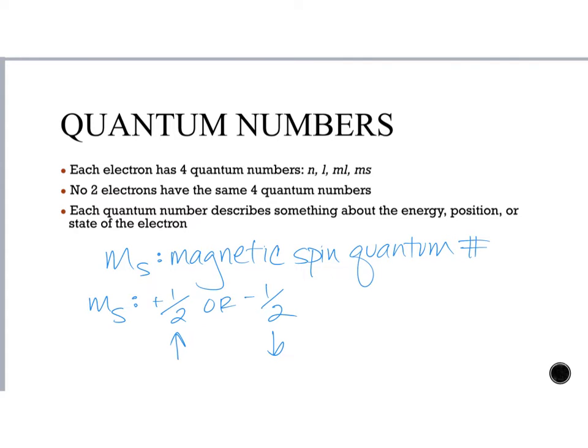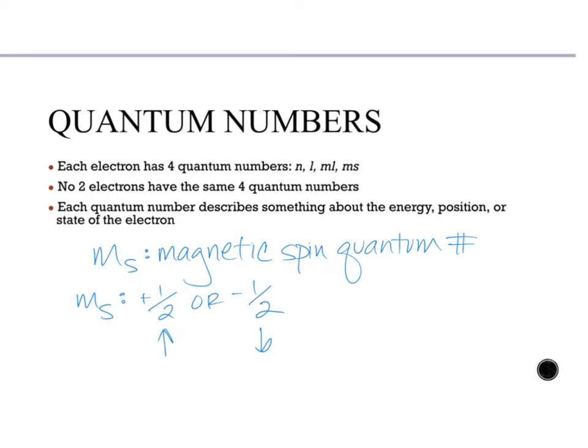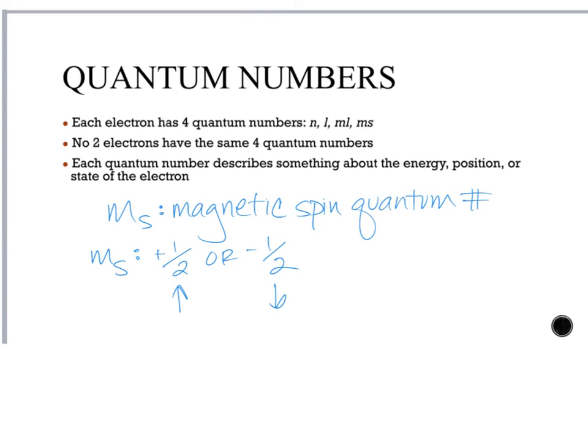Plus doesn't mean it's physically spinning up. We just mean that they're spinning in opposite directions. So when an electron inhabits an orbital, the other electron that can also inhabit that orbital must be spinning in an opposite direction as the first electron.